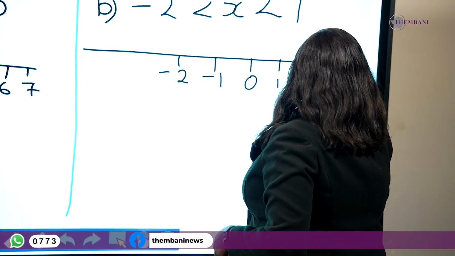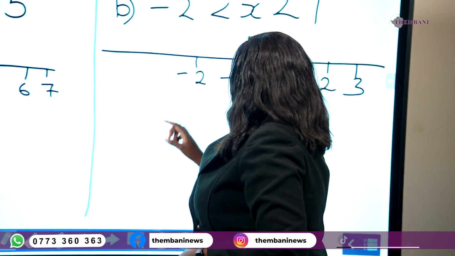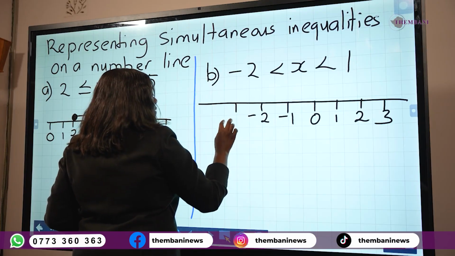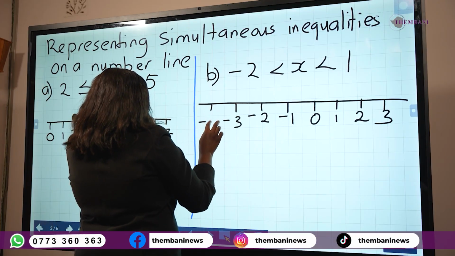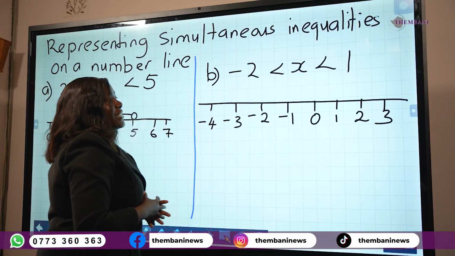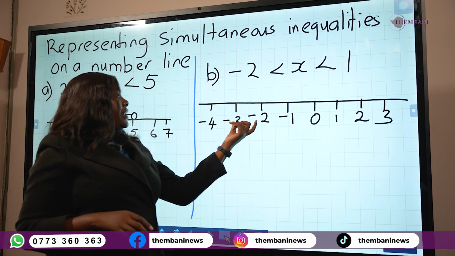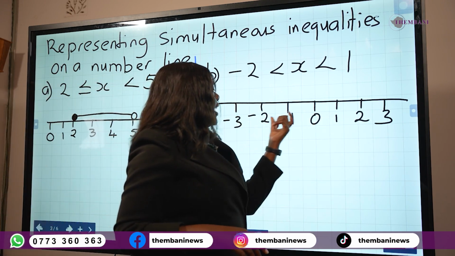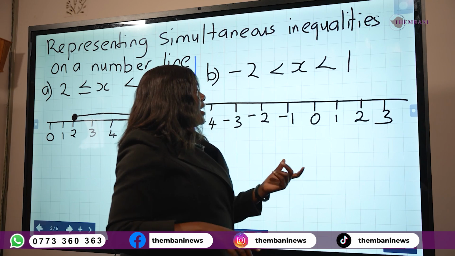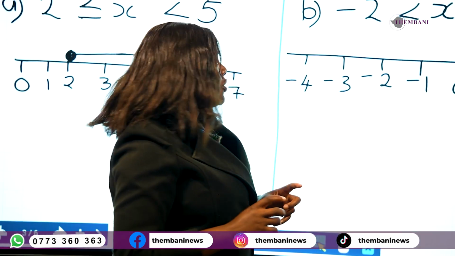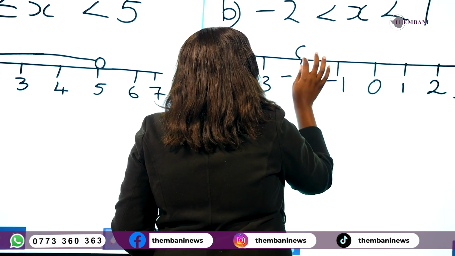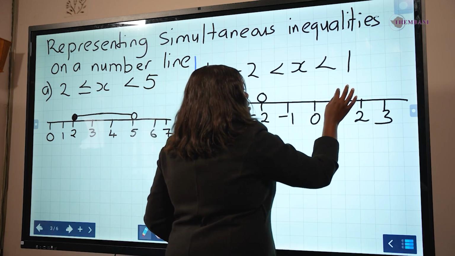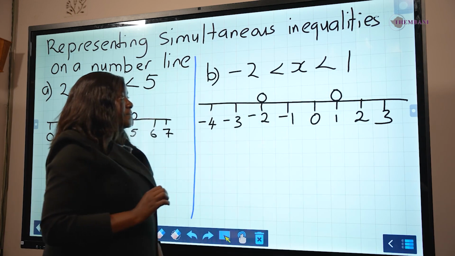I also have 2. I'm also going to write 3. And from -2, I have -3. I also have -4. So I've written the numbers. My focus numbers are -2 and 1. I'm going to put my small circles on these numbers. So I'm going to put a small circle here and another small circle there.